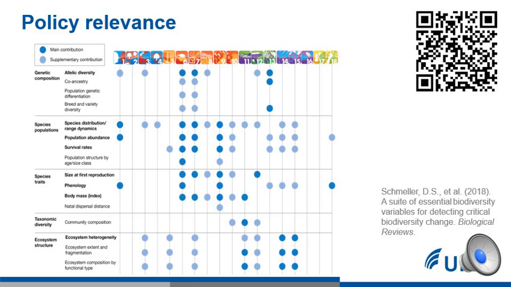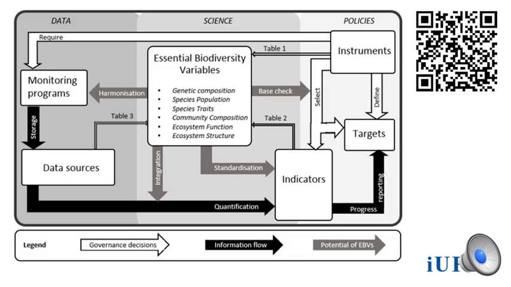And this is something which we need also to keep in mind, so that the EBV concept is also usable and interesting, not only for science, but also for policy. And with these essential biodiversity variables, we also go quite a step further, because it's also about data collection.